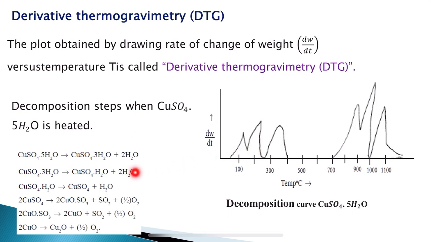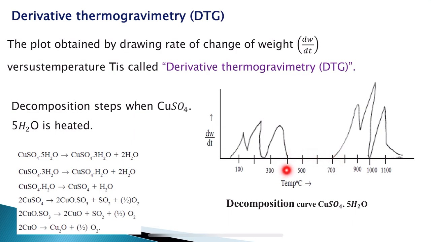This peak corresponds to this reaction. As the temperature increases, 2 more water molecules get eliminated, leaving copper sulphate monohydrate. This peak corresponds to this reaction. As the temperature keeps increasing, the last water molecule is eliminated. This peak corresponds to this reaction. Next, the copper sulphate starts decomposing, which is why it takes more time here.